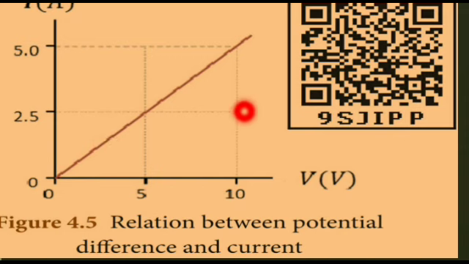At 10 voltage, the current increases to 5.0, that is 5 ampere current. So when we increase the voltage, the current also increases. Yes, that means it is an ohmic conductor. Okay, students, right?